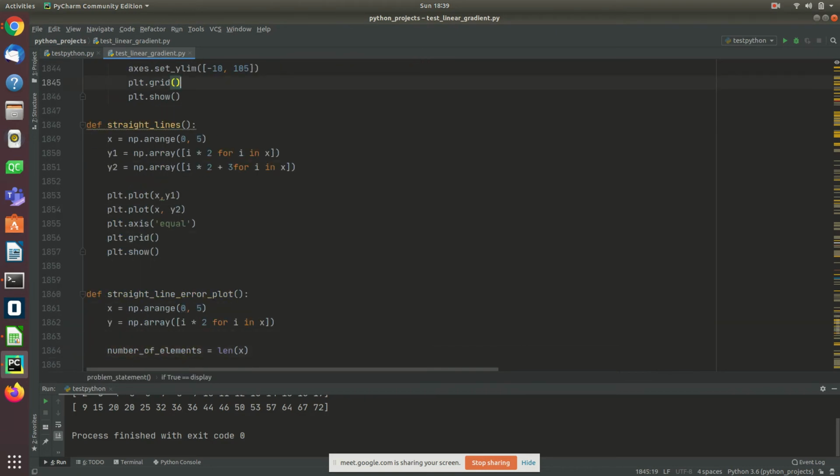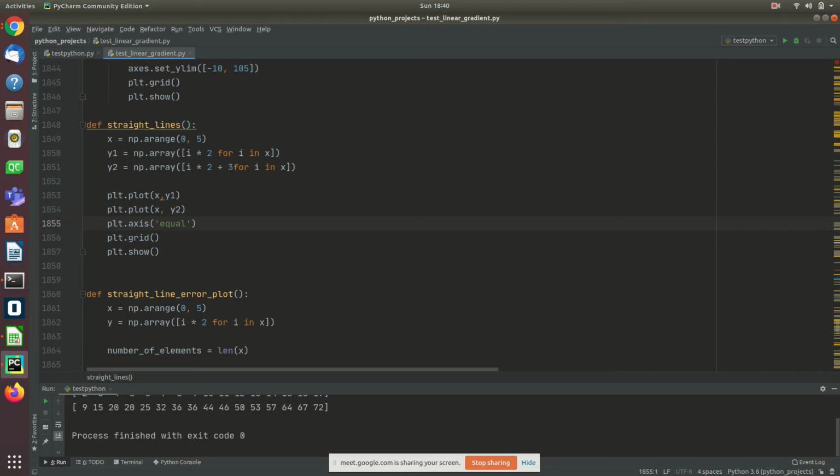What I did here is I have x ranging from 0 to 5, and there is y1. It's simply y is equal to 2x, that's it, no c. This one says 2x plus 3. So there is a straight line 1 and a straight line 2. Let's see how they look and try to understand what m and c are.